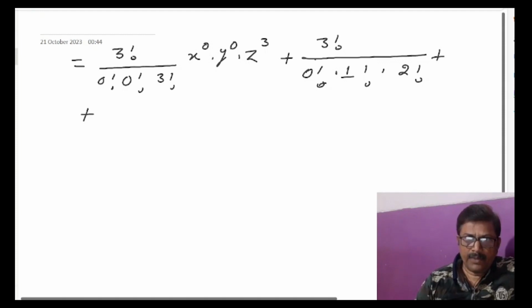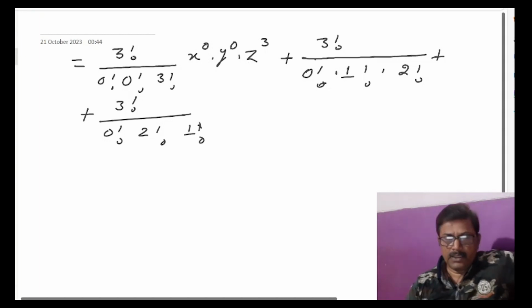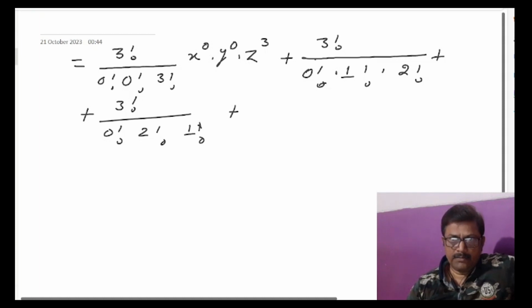Now, the third term I will write: 3 factorial, R1 is 0, R2 is 2, so R3 is 1. Now the next term, 3 factorial, R1 is again 0, R2 is 3 factorial, so R3 is 0 factorial.